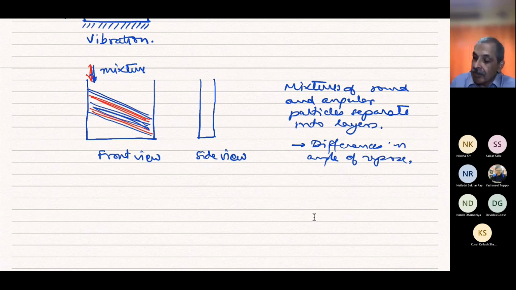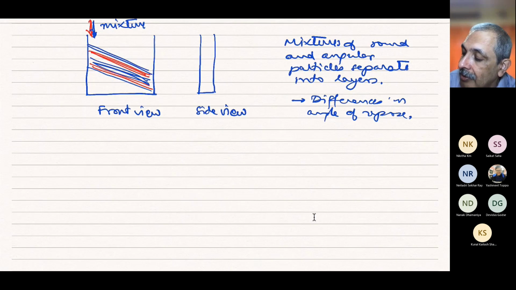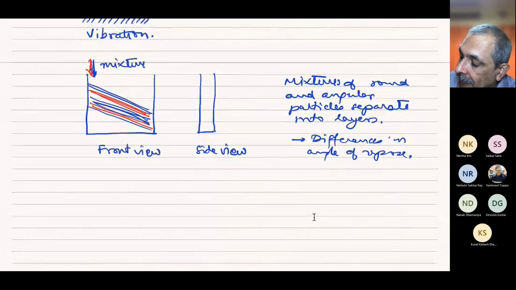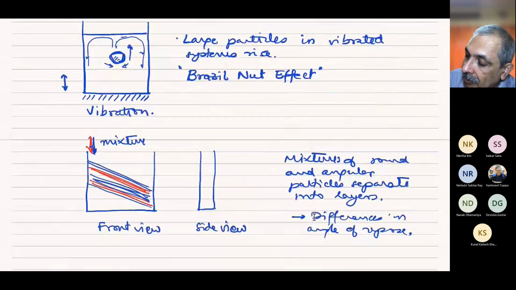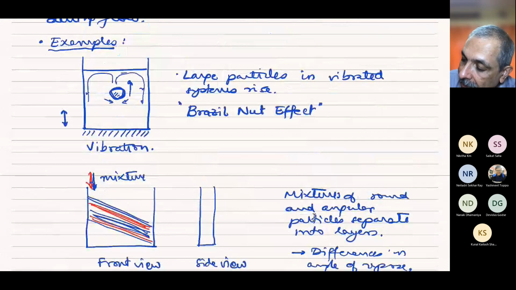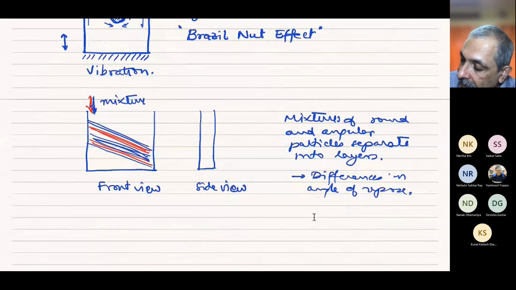What happens is initially the round particles, let's say the red ones, flow first and go right to the end, and then there are only blue particles left which flow later, and then the next time again red particles flow and then the other particles flow later and so forth. So you get this kind of layered structure.